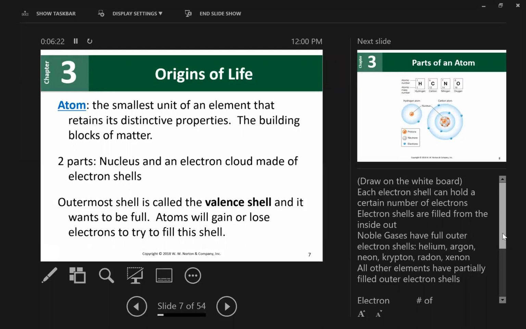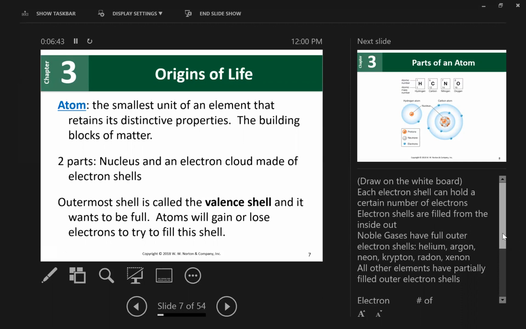We have the nucleus, which is inside the atom, and around that we have the electron clouds. And those shells get bigger and bigger and allow for more electrons as we move out. The outermost shell of an atom is called a valence shell.